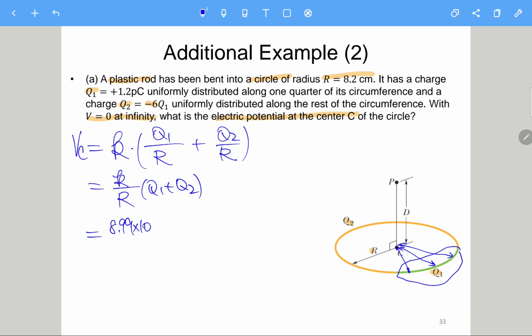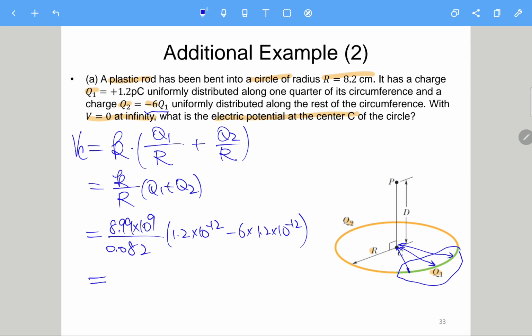So it is 8.99 times 10 to the 9th power. R is 8.2 centimeters, 0.082. And then Q1 is 1.2 times 10 to the minus 12, and then plus, or maybe minus 6 times, because this is minus 6 Q1, minus 6 times 1.2 times 10 to the minus 12.